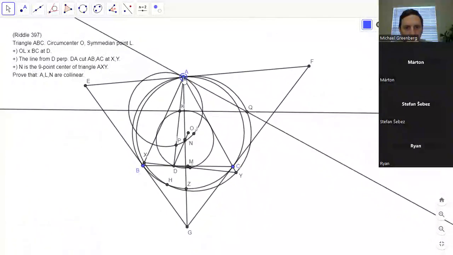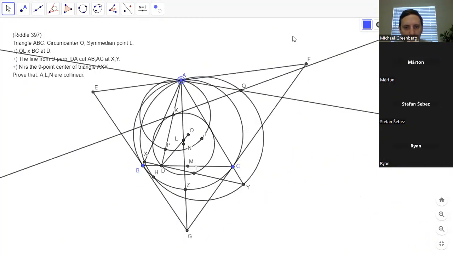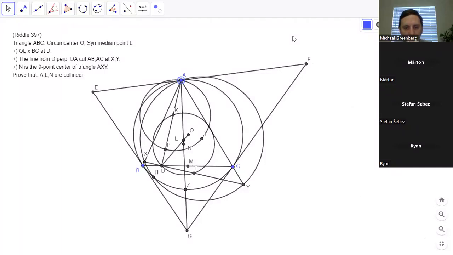It almost looks true. Oh, but you can see it's not true there. So I don't know if we can really do much with point Q. I like the idea of using harmonics, but I just don't know if it'll work here.